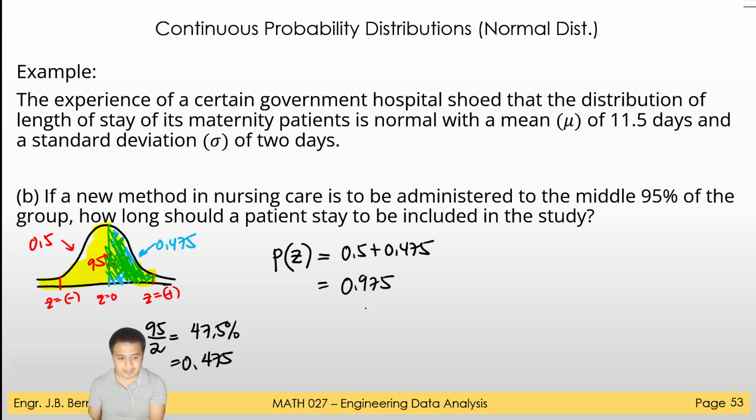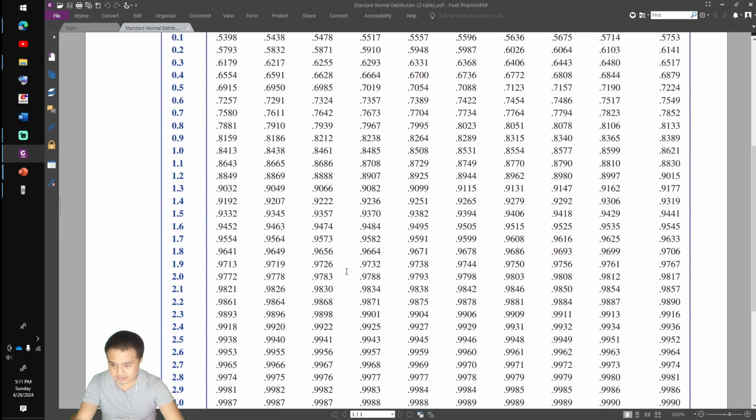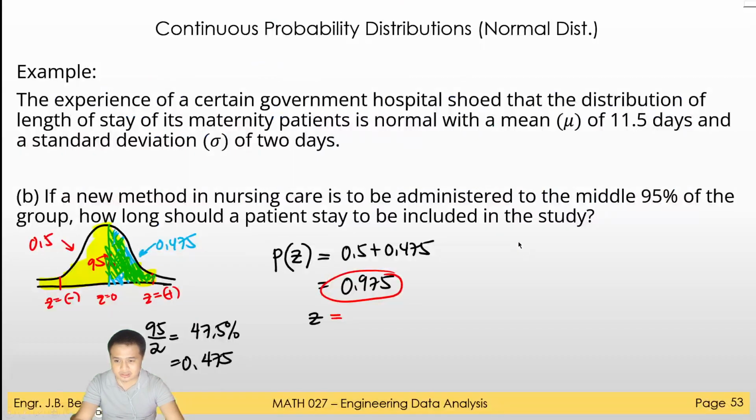Is that correct? So we want to find the z-score based on this probability. The probability here that has 0.975 is this. So we have 1.96.